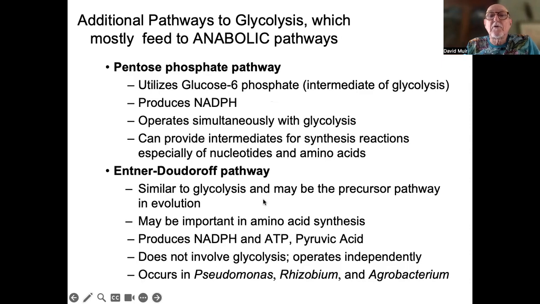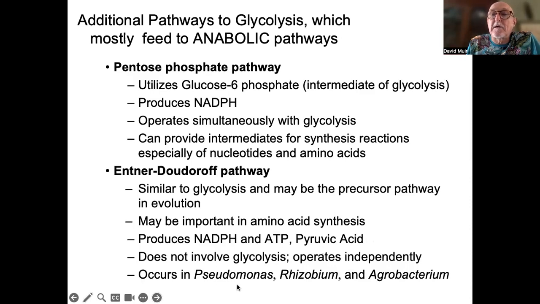The Entner-Doudoroff pathway is rather similar to glycolysis. This is one of the pathways we think may be like a fossil metabolic pathway in a way. And it does produce, just as glycolysis does, ATP and ultimately pyruvic acid, but it also produces NADPH as the electron carrier.